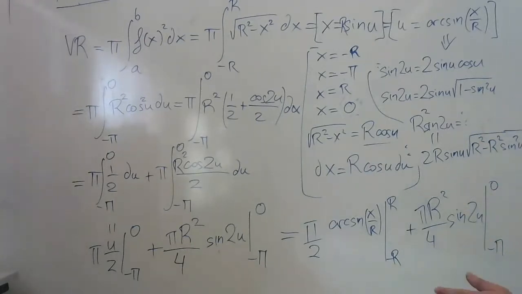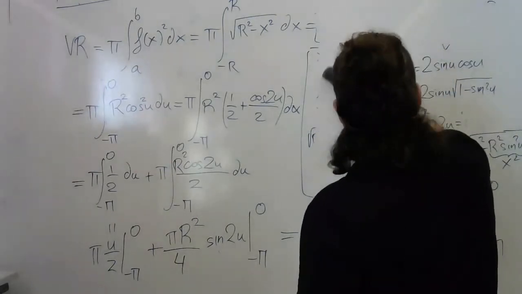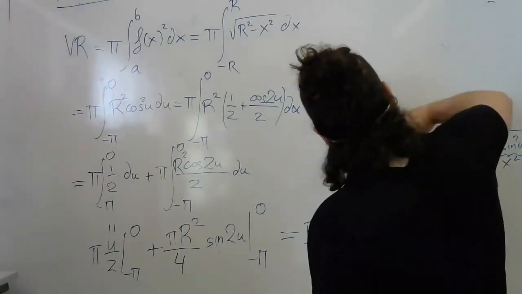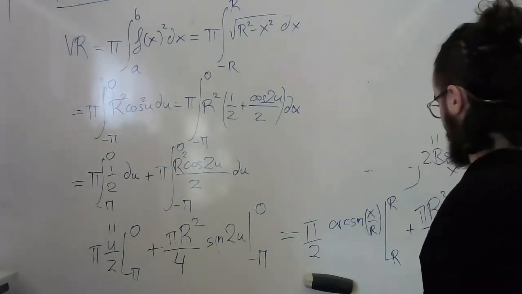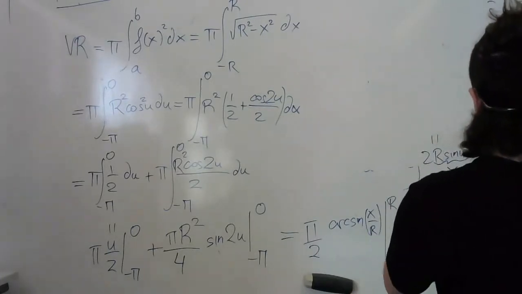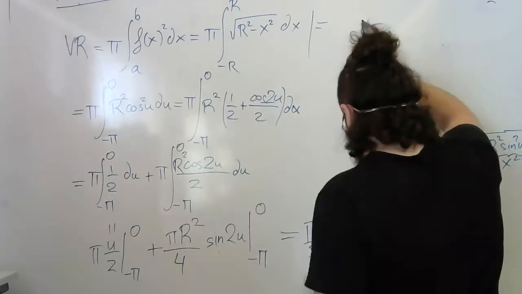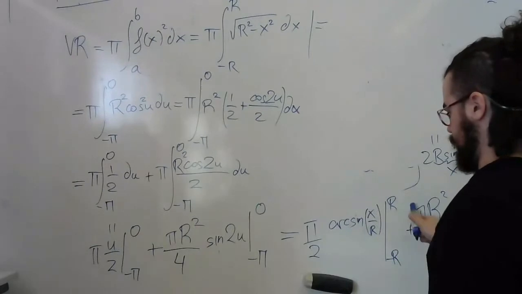Now, why is this change interesting? Because this is x, and this is x squared. And I've run out of space, so I have to borrow it from somewhere. So here what we have, this is pi.